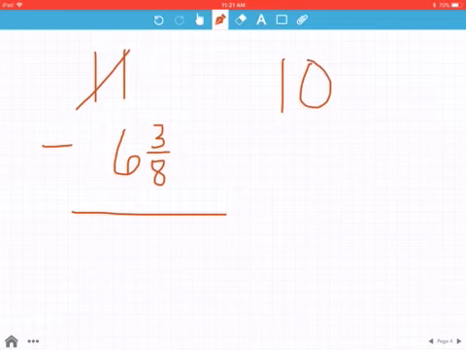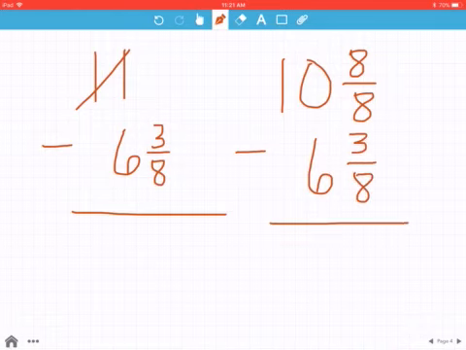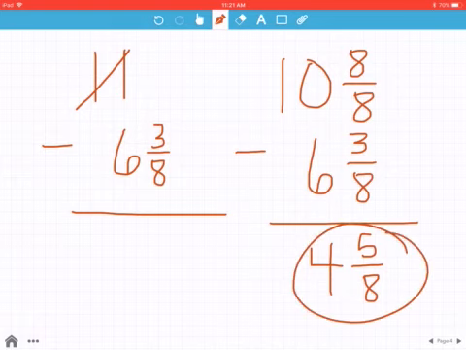Since my denominator is 8, and we know that a number over itself is a whole number, I'm going to put 10 and 8/8 as a substitution for 11. And I can put 6 and 3/8 underneath that, and then I'm good to go following the steps of subtraction. So I get an answer in simplest form of 4 5/8.